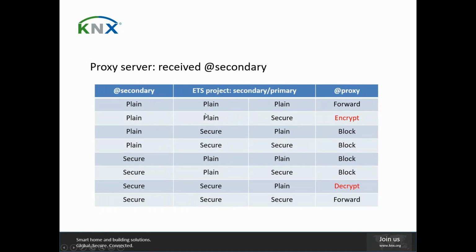If this is also plain, then everything is fine, or vice versa. It's secure and it's supposed to be secure, then everything is fine. Then the proxy server just has to check, okay, what is then expected in this case at the primary side, and then react accordingly. Either encrypt it, decrypt it, forward it, or block it. That's actually all the same.